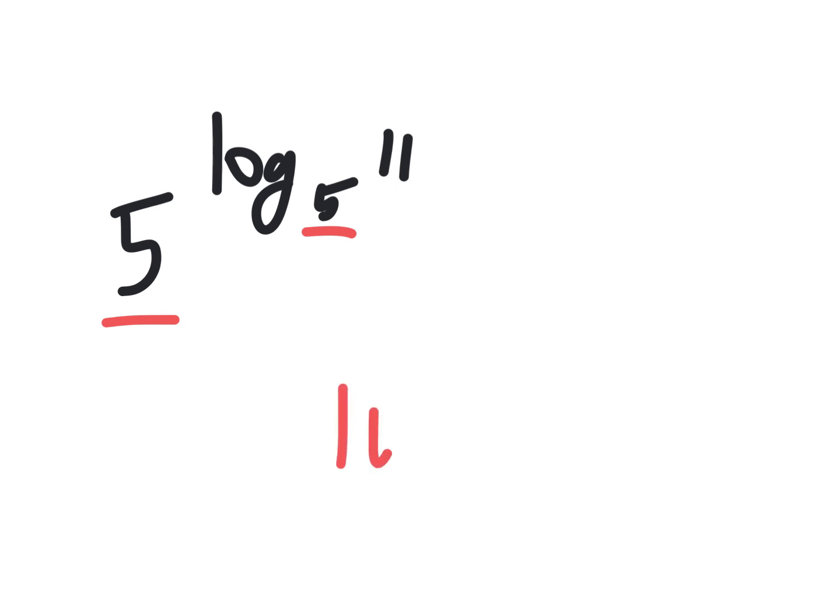So you make it a log, and then you ask yourself, okay, if I was going to make this into a log, how do I do that? I would make this equal to x, and then I would go log, what's the base here?